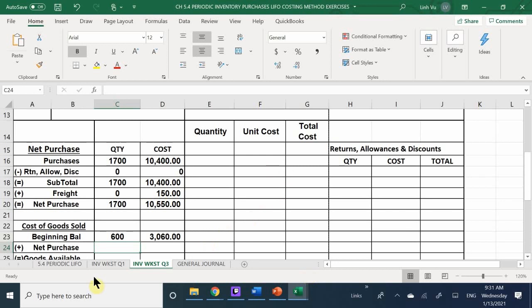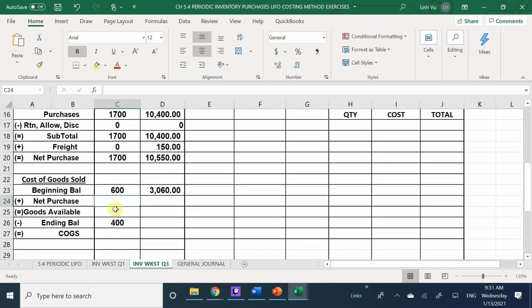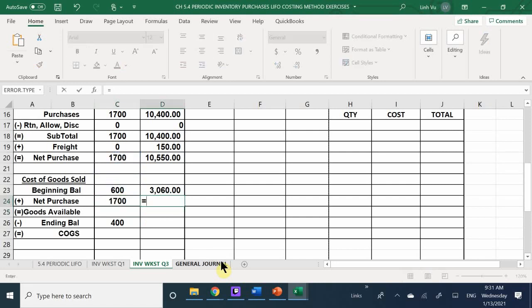So again, we have a total of 600 items at $3,060. Okay, we're gonna carry our purchases, net purchases, over, and now we're gonna add them to get our total goods available. So how much total goods do I have available to sell? $2,300.